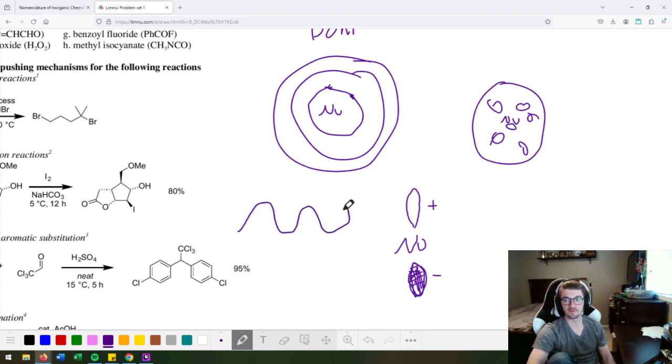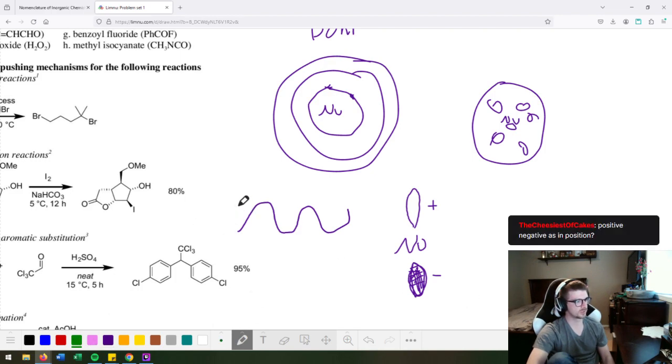So if that's the wave function of the electron in the positive region, then the negative region would look like that. Positive and negative as in position.